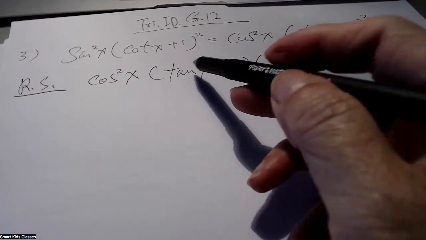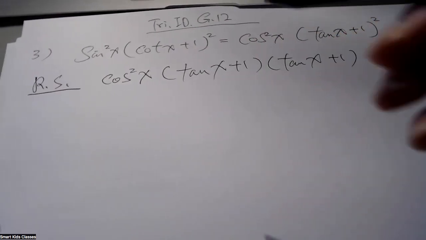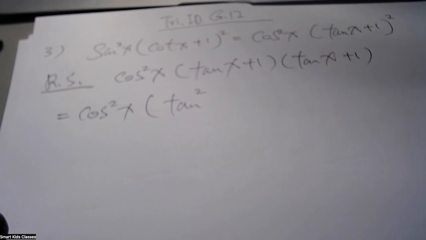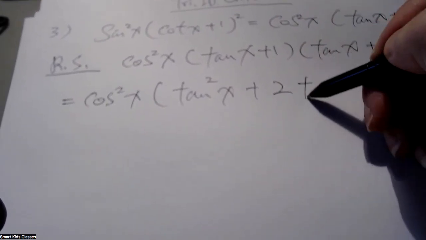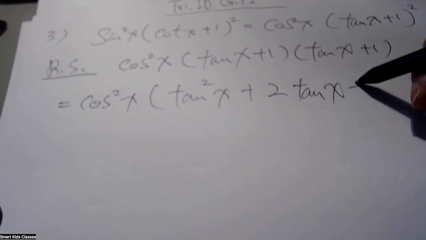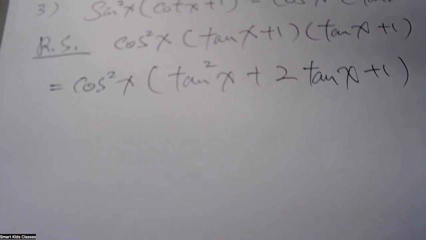Now we're going to finish these 2 brackets. It becomes cosine square x times tangent square x plus 2 tan x plus 1. We finish the bracket.